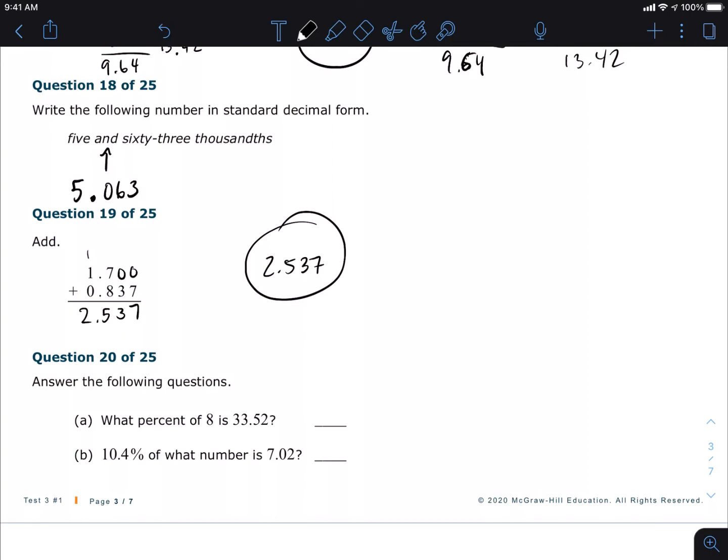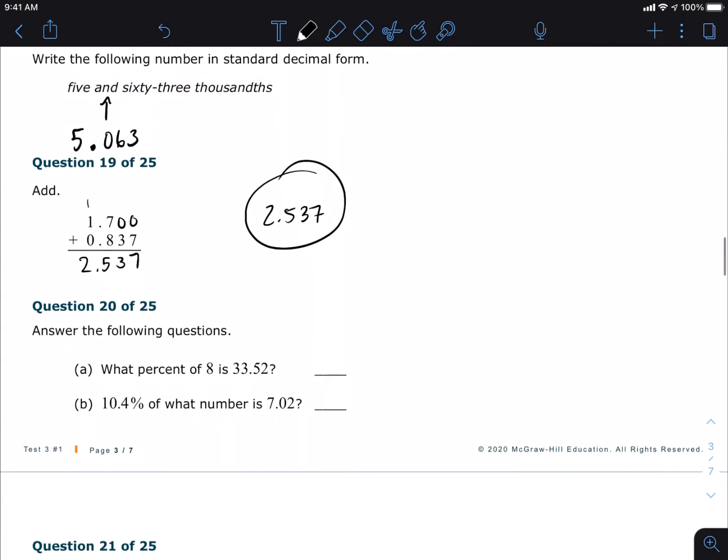Okay. These next sets of problems, they're pretty cool. What does the word "of" mean? It means to multiply. So some percentage that I don't know times 8 "is" means equals 33.52. Okay? So percent means something over 100, right? So we have to remember that.